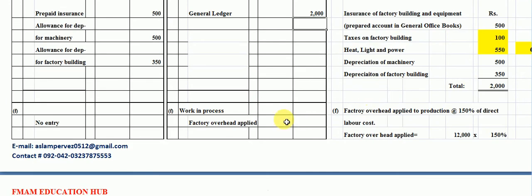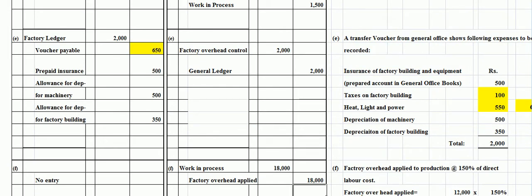Now students, we have to pass the entry in the books of factory because factory overhead applied belongs to the factory. 18,000 rupees is debited in work in process and factory overhead applied is credited 18,000 rupees here. Students, this is the entry against the factory overhead applied to production at the rate of 150% of direct labor cost.